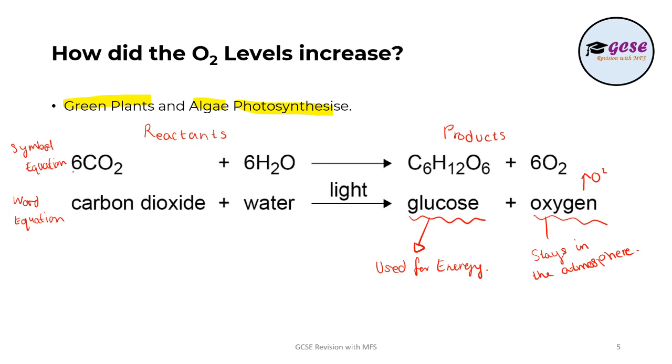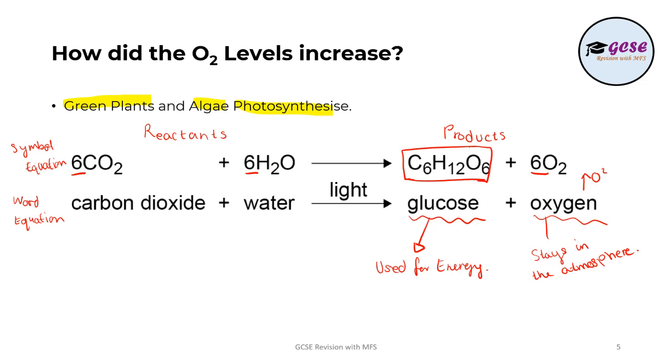Just remember that everything has a 6 in front of it apart from glucose, and remember the formula for glucose itself, C6H12O6. We've got carbon dioxide and water producing glucose and oxygen.